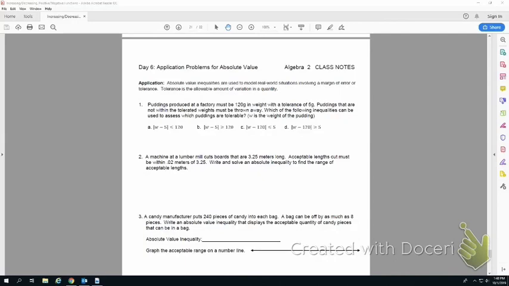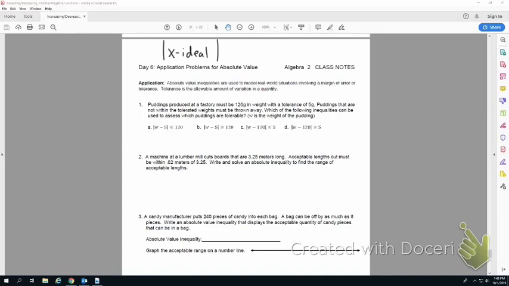So if you look at the very top of the paper, if you follow this blueprint, this is going to take care of probably 90% of the application problems that you're going to see. It's always going to be the absolute value of x minus the ideal whatever.